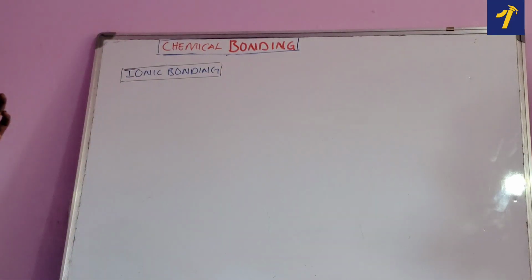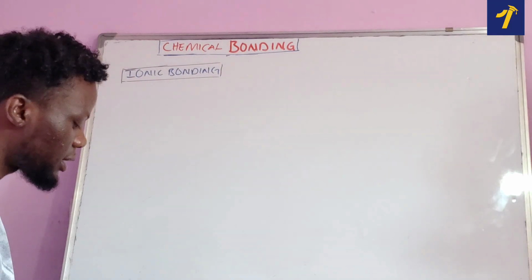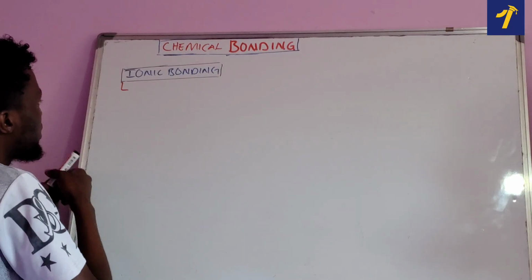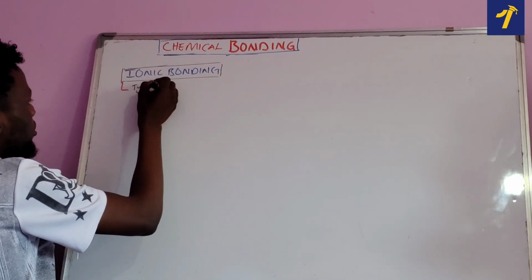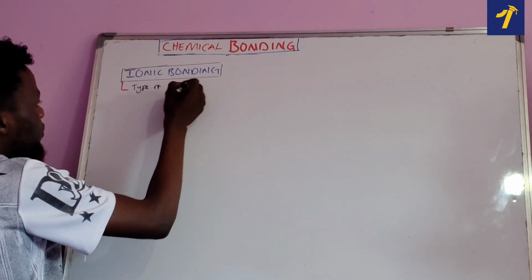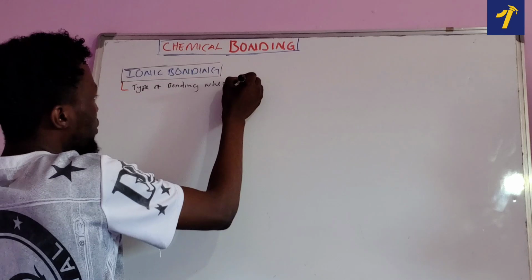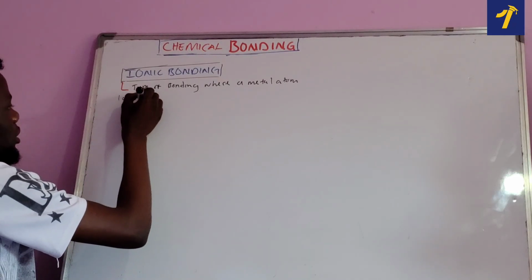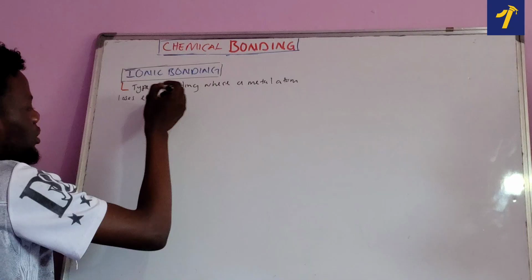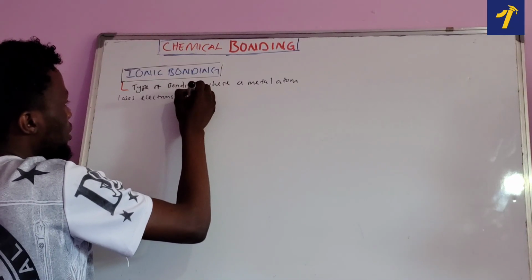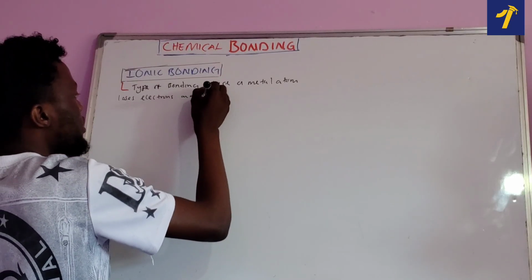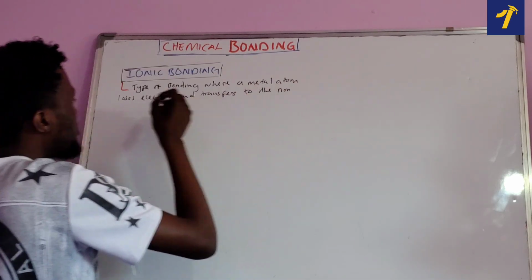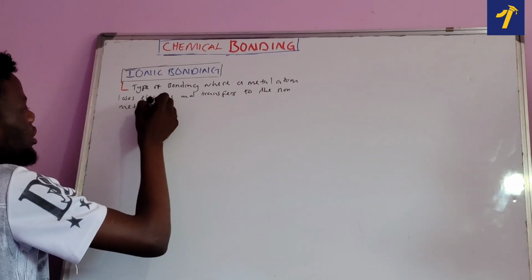Let us begin. So now, what is ionic bonding? Ionic bonding is a type of bonding where a metal atom loses electrons and transfers them to a non-metal atom.